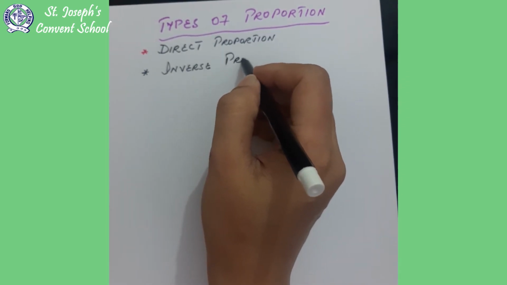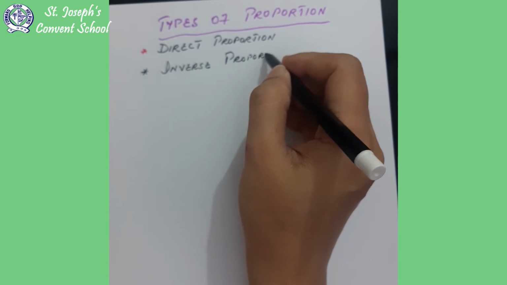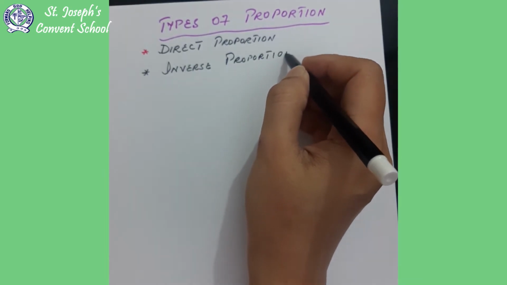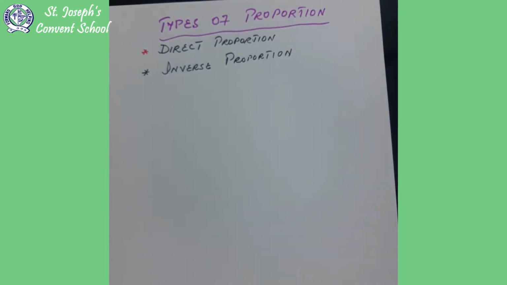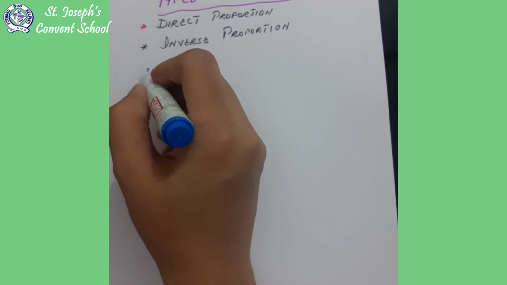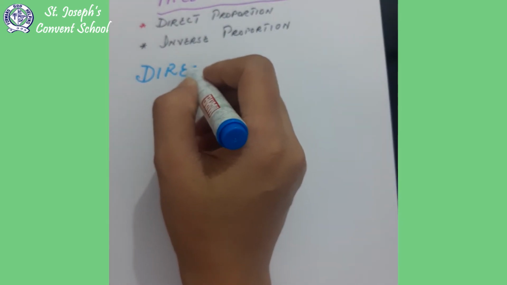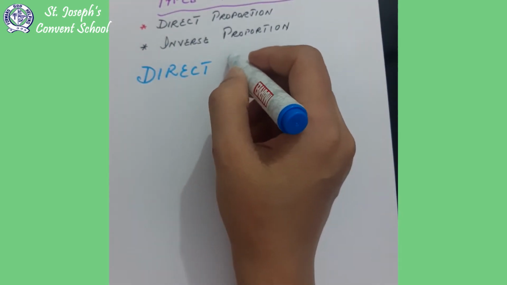You must have done this before. You must be familiar with these two types: direct proportion and inverse proportion. One by one we will do these types. Let's start with the first type. It is direct proportion. So let me write the heading of direct proportion. Direct proportion.